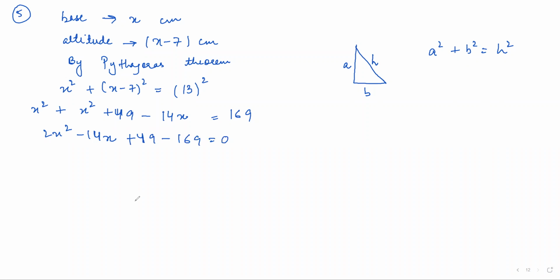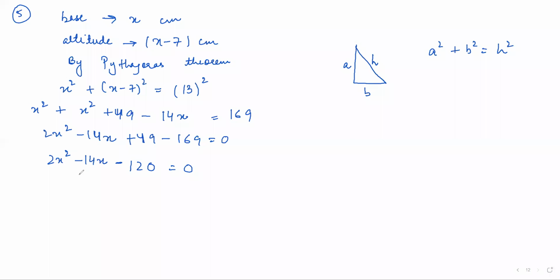Am I correct? So this will give me 2x square minus 14x, and 49 minus 169 is minus 120.